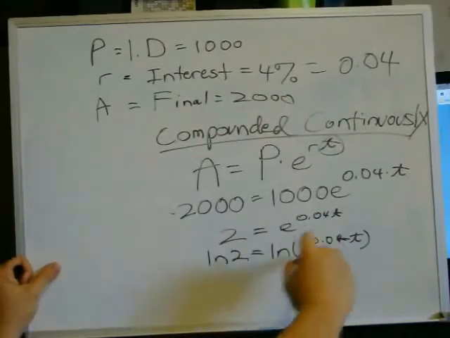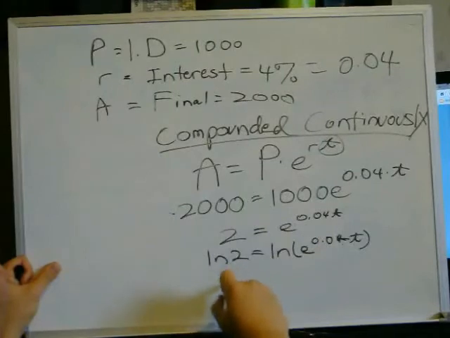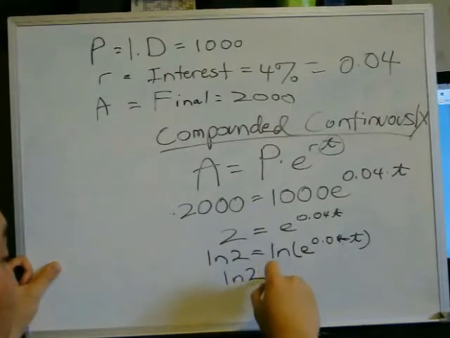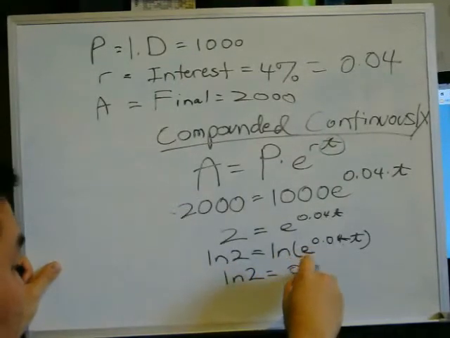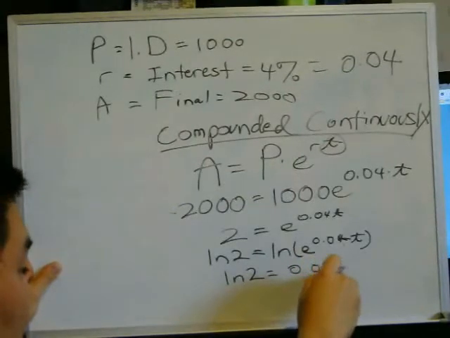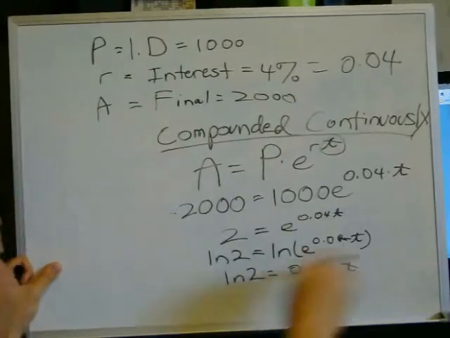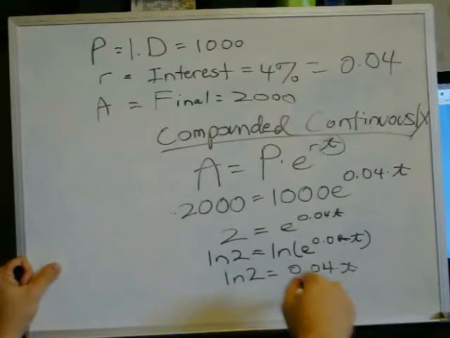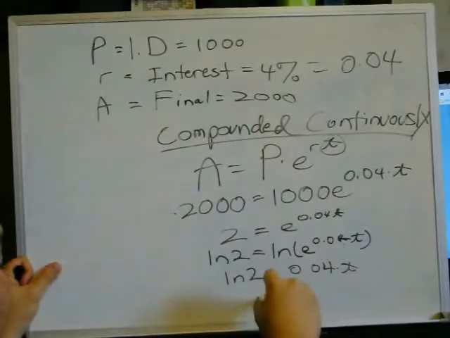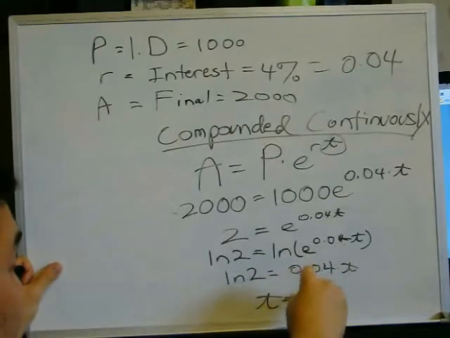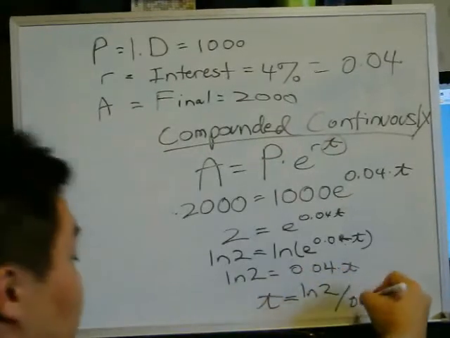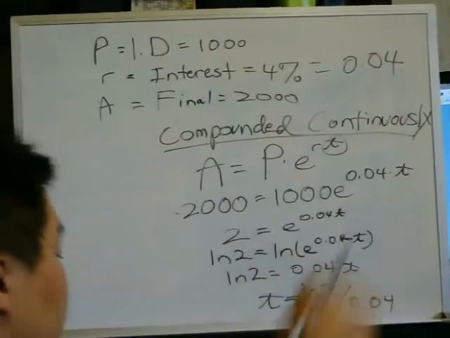ln and e cancel each other, so what you get is ln of 2, which equals 0.04 times t. Divide 0.04 on both sides, so you get t equals ln of 2 divided by 0.04.